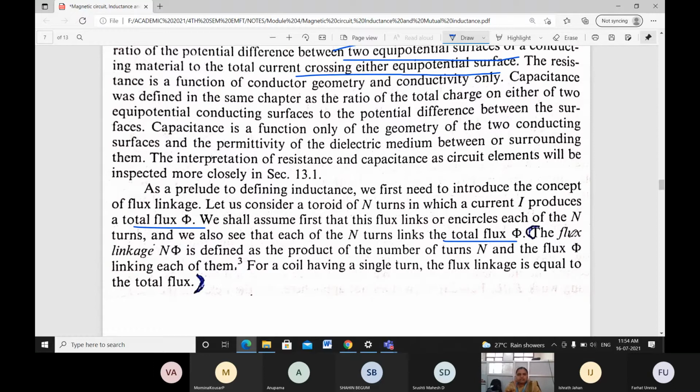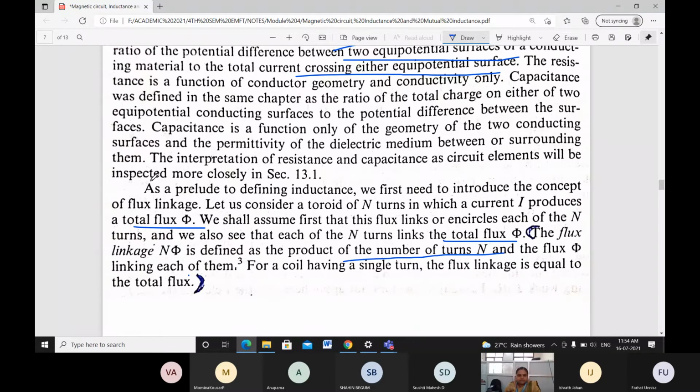Therefore the flux linkage, N phi, is defined as the product of the number of turns N and the flux phi linking each of them.